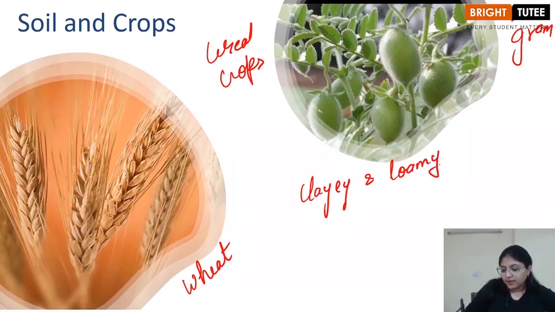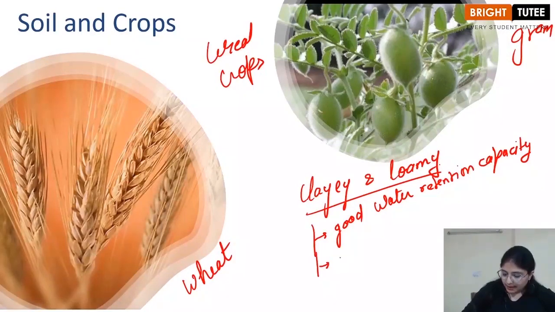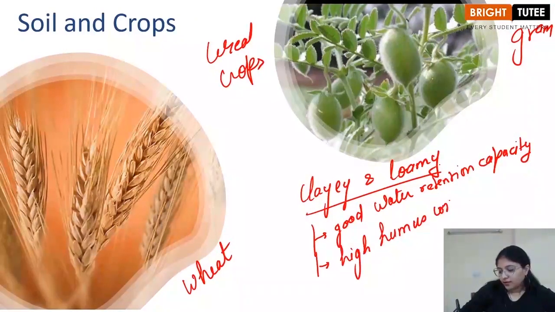The reason is that both of the soil have good water retention capacity. Also, another reason is that the loamy soil has a lot of humus in it and is very fertile. So because of this reason, we see that the cereal crops easily grow in this kind of soil.